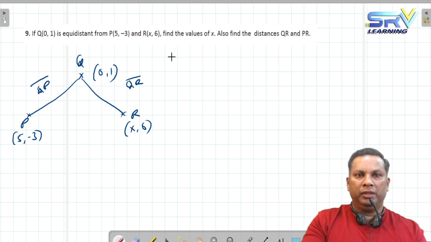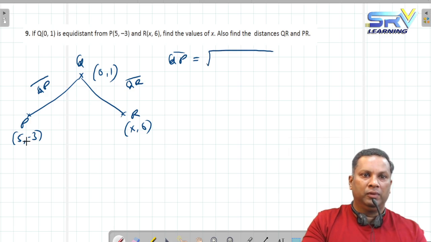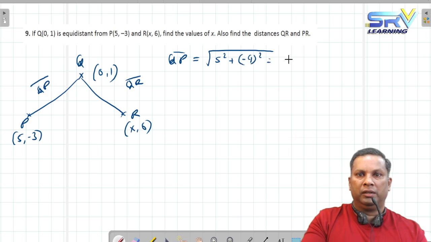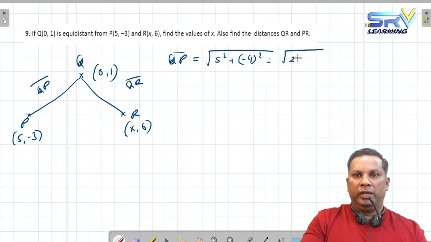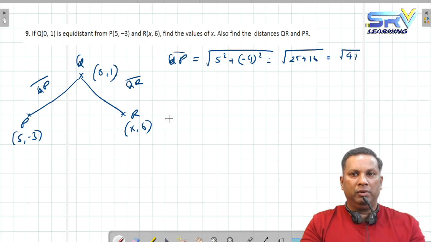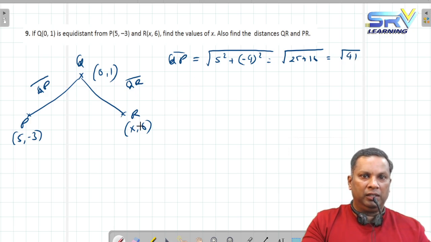Now let us find QP. QP will be equal to root of 5 minus 0 whole square, which is 5 square, plus minus 3 minus 1, which is minus 4 whole square, which is 25 plus 16, so this is root of 41. Let it be like this. And let us find QR.